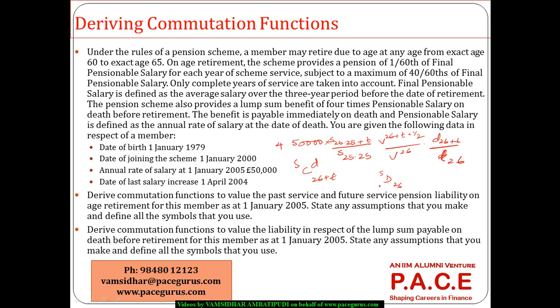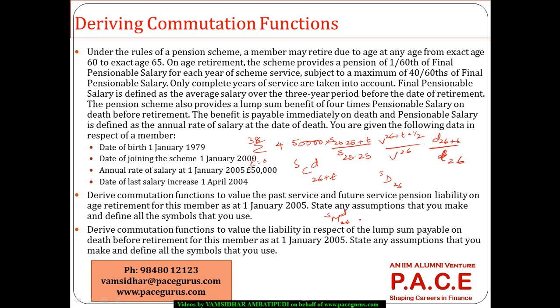And if I had to add up all these present values, this entire thing has to be summed up over 0 to 38 period, because the death can happen anywhere before the retirement. And all these numerator summations I can call it as SM26 for a death, and that's it.